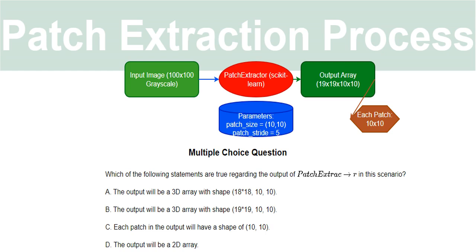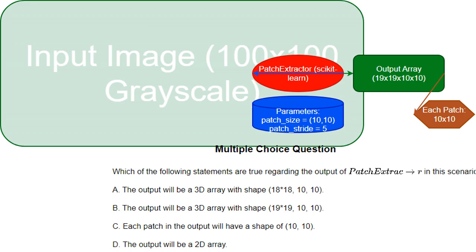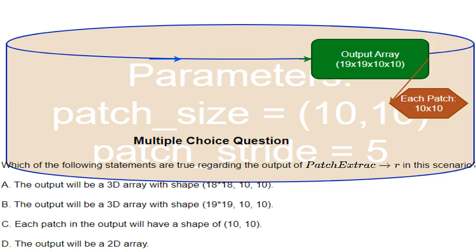I'm extracting image patches. Think of it like taking smaller snapshots from a larger image. This is a crucial step in many image processing tasks, such as feature extraction. It helps you analyze the images more effectively. I have a grayscale image, 100 pixels wide and 100 pixels tall. It's like a black and white photo. I'm setting up my patch extraction tool, specifically the size and spacing between the patches.